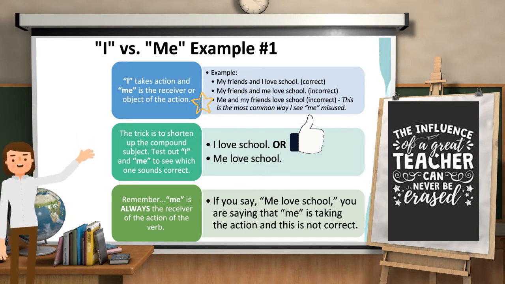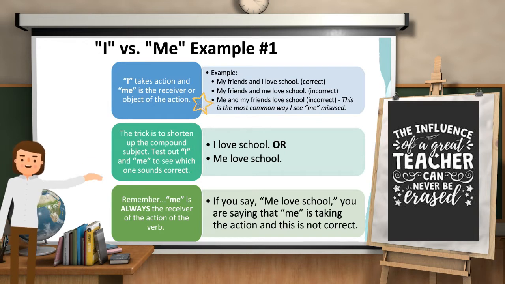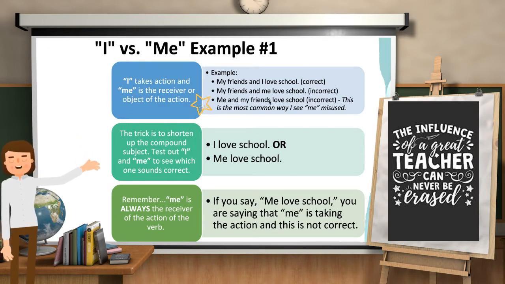So the third bullet there, me and my friends love school, this is the most common way I see it misused. Me and my friends. The sentence has this compound subject, and so you're going to use the same rule that Mrs. Hole gave me. Take out and my friends, reduce it down to me. Again, it's me love school, and that is not correct.